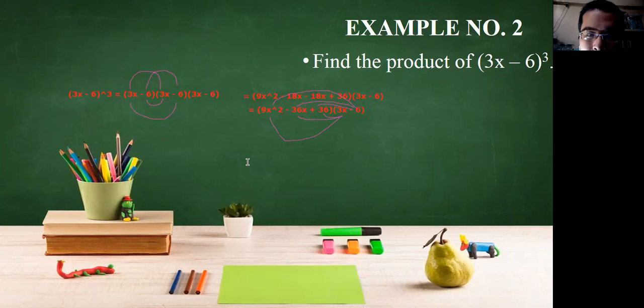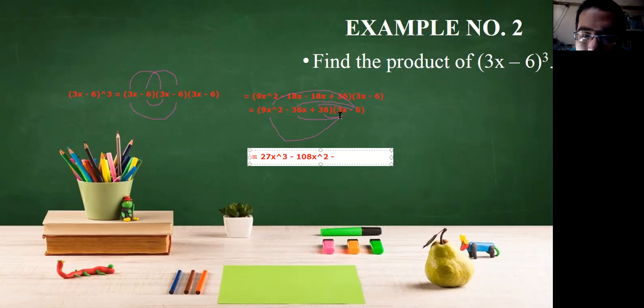Okay, so let's do this. So 9x squared multiplied by 3x, this is 27x raised to the third power. Okay, so minus 3x multiplied by negative 36x, that's negative 108x squared.